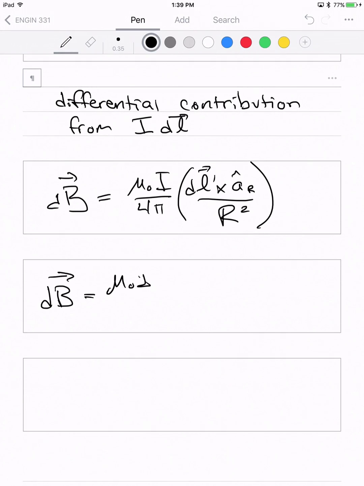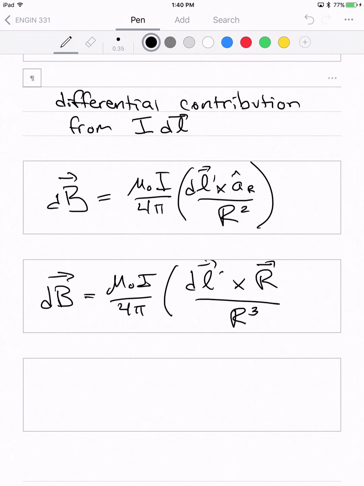Mu naught I over 4 pi dl prime cross big R divided by big R cubed. All I've done is write that unit vector a hat big R as big R the vector divided by its magnitude. So that's pretty straightforward.